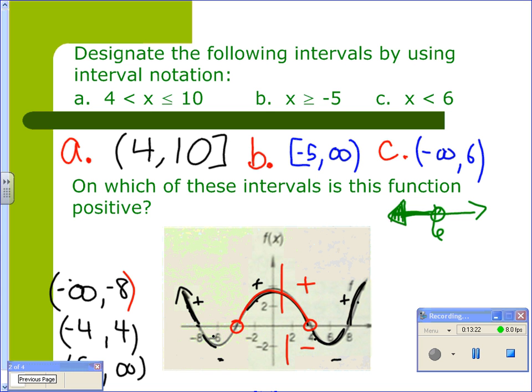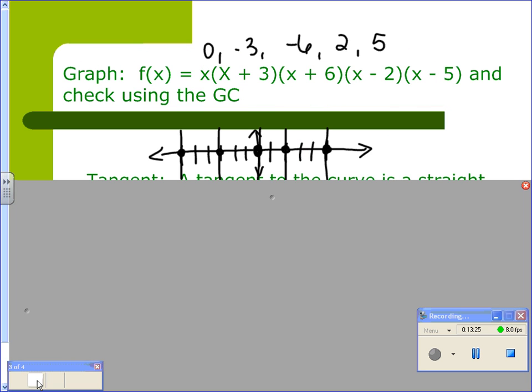Does that make sense? Okay. So on this one, we just need to figure out whether one interval is positive or negative. It doesn't really matter what interval you pick, but what number do you want to use?